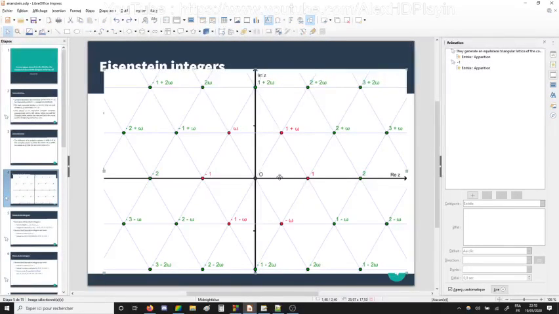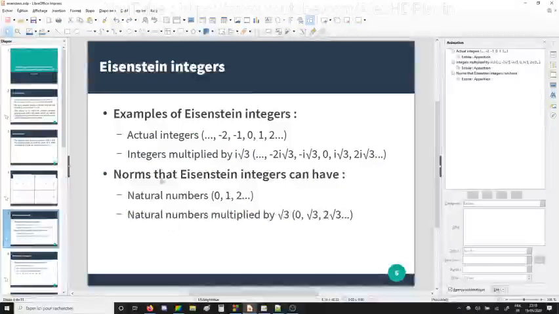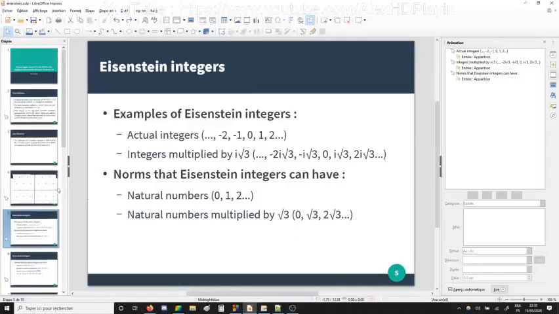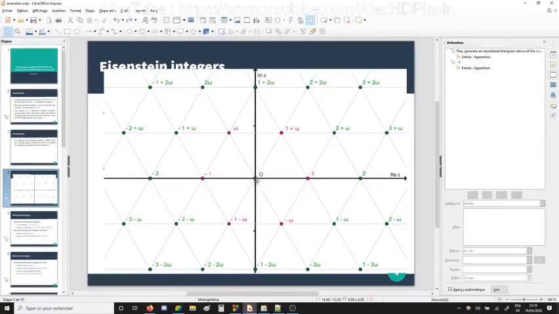You can check here. We only did those ones with the natural numbers and stuff. Those we can have a norm of natural number multiplied by square root of 3. Like some of them at least are on the vertical axis.